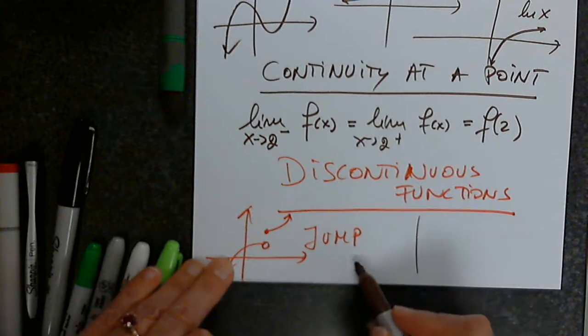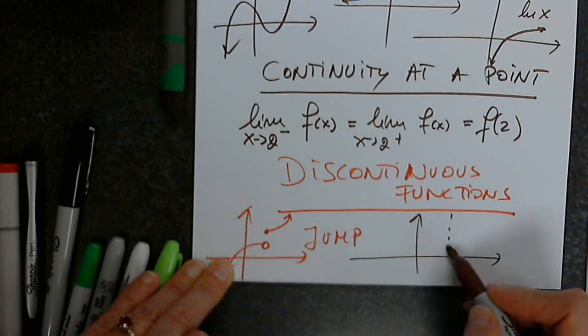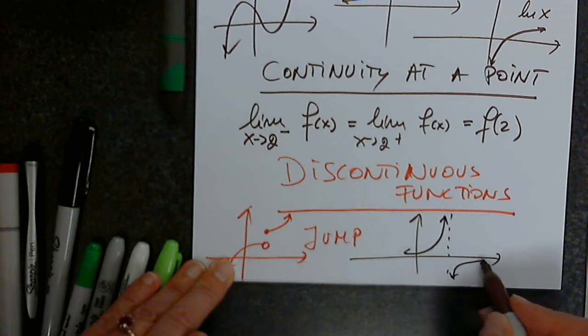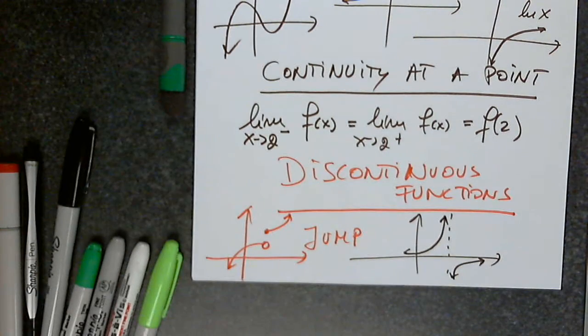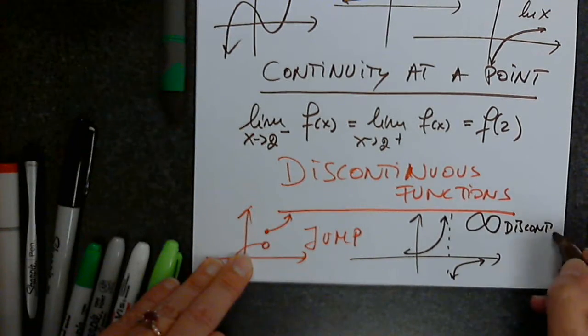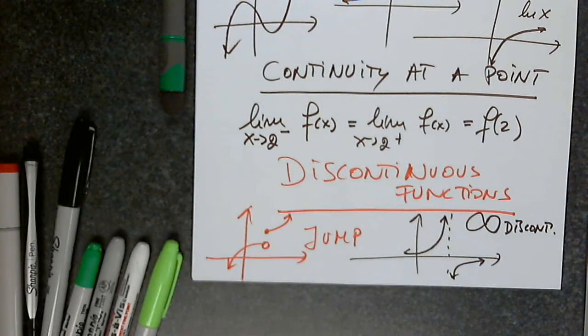Here's another situation. What type of discontinuity is this? It's clear. It's discontinuous at that point. It's called infinite discontinuity.